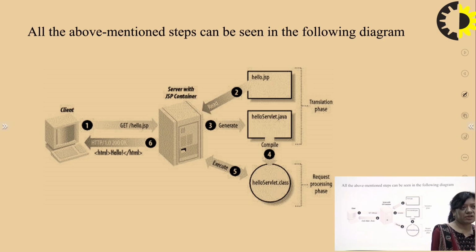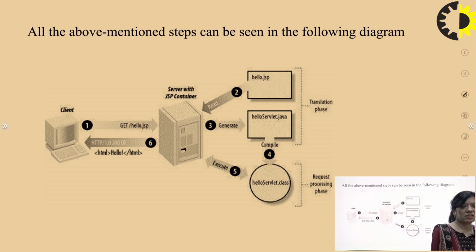Whatever steps I have told you earlier, we can show in the following diagram. Firstly, we have the client, then we have the JSP container. First, the client connects. Second step, we write a web page, and we have the server. Through this, we can send content to the JSP container. The JSP container generates the JSP page, which is returned as .jsp.